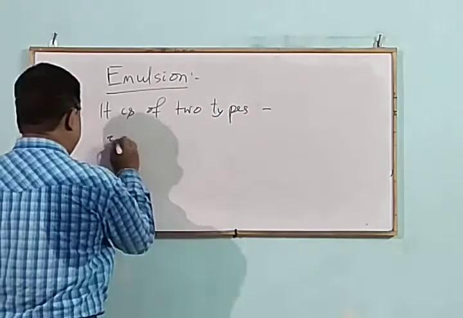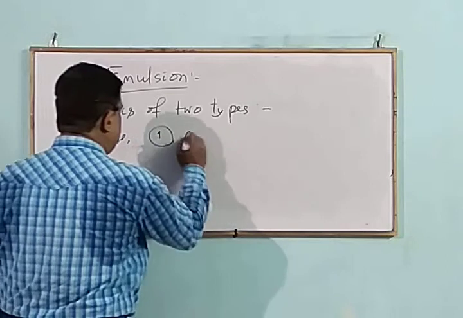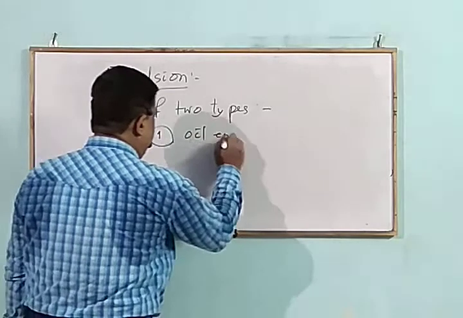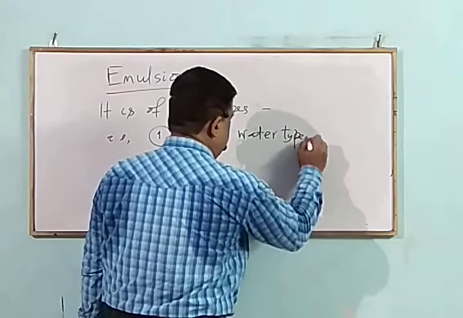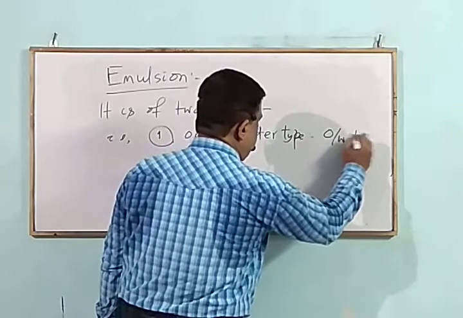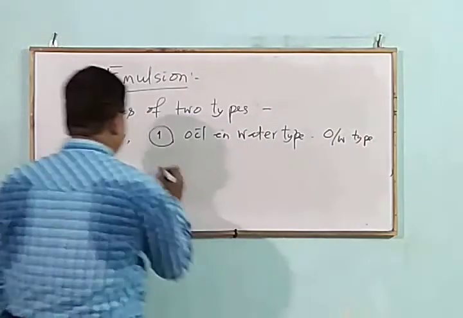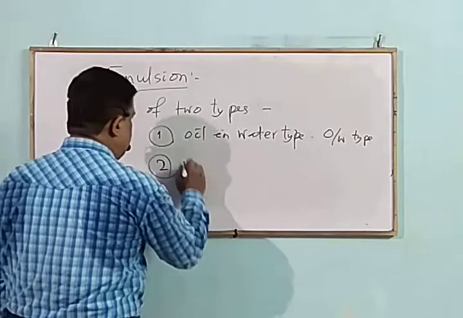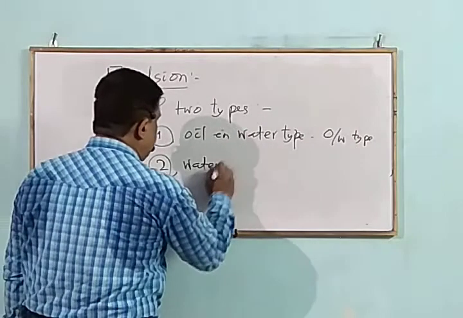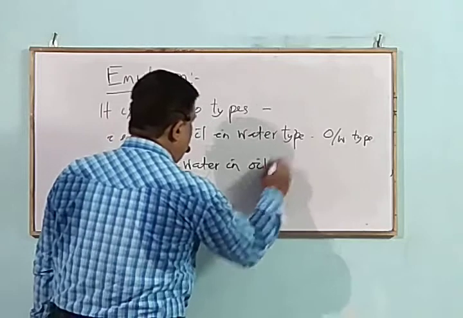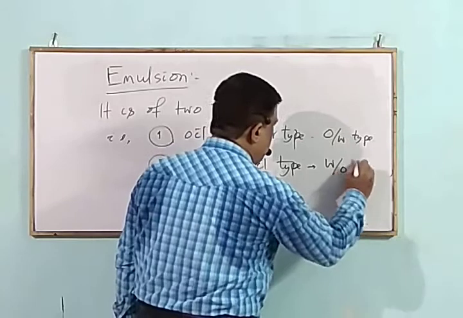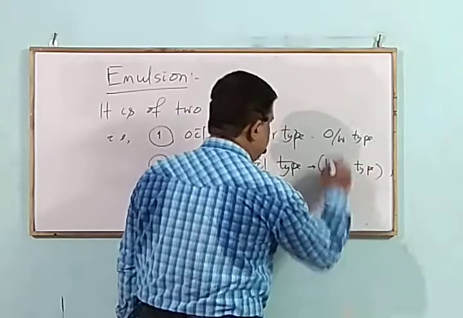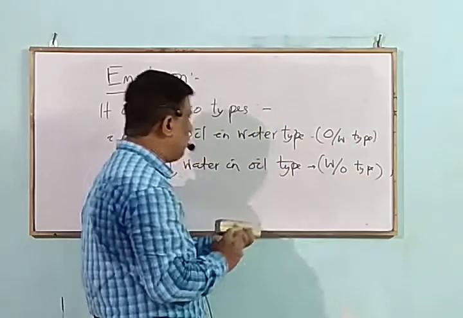That is point 1, oil in water type. That is O/W type. And the second one, water in oil type. That is W/O type. Let us discuss one by one.